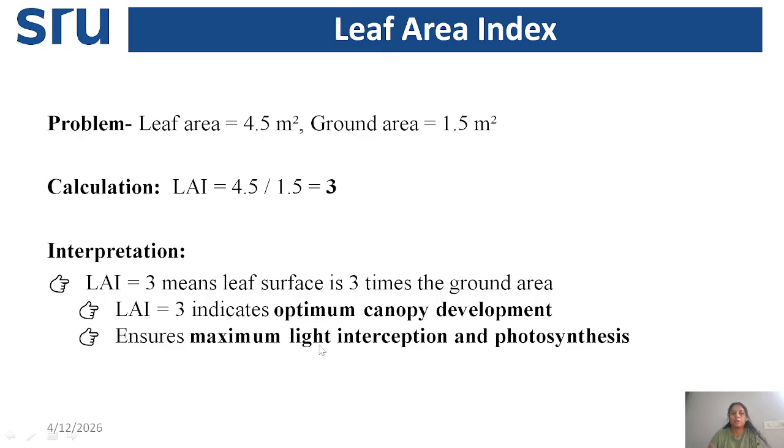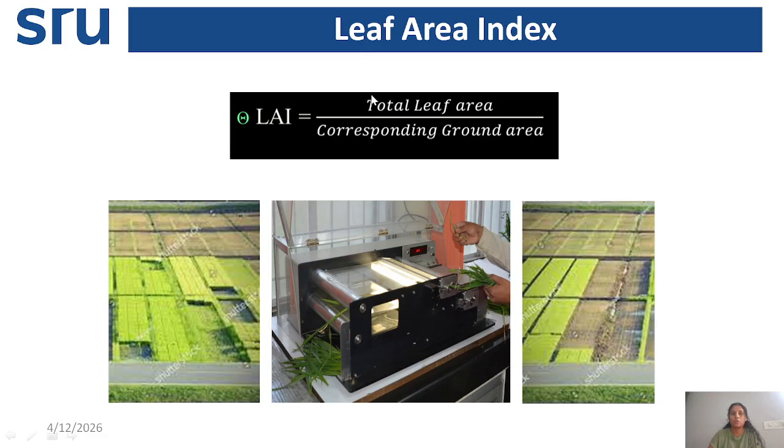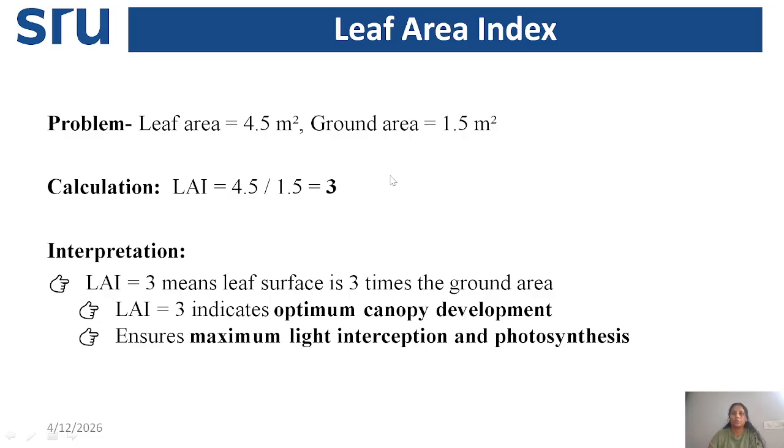A maximum leaf area index indicates maximum light interception and also maximum photosynthesis just by covering the ground area. So I hope you understood leaf area index. You just need to know that leaf area index means total leaf area divided by the corresponding ground area of the crop.